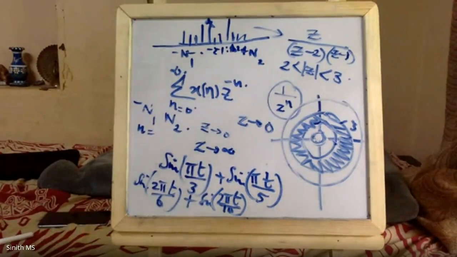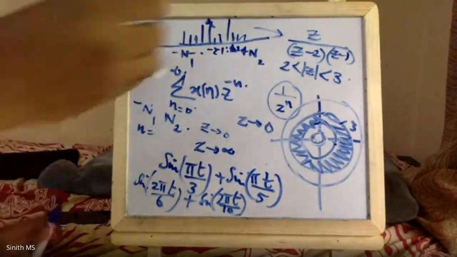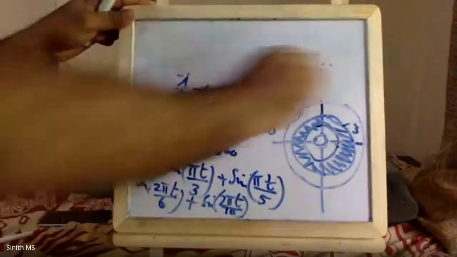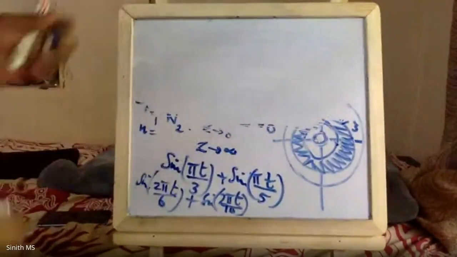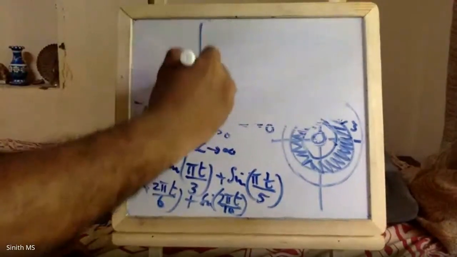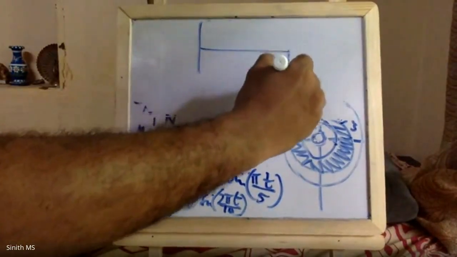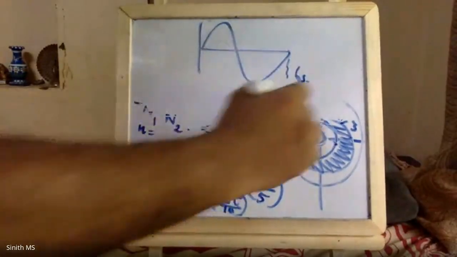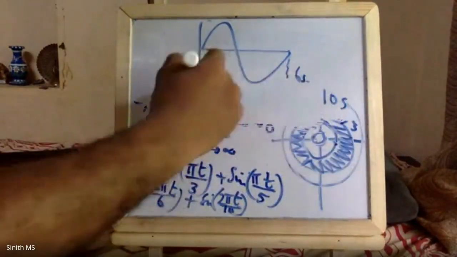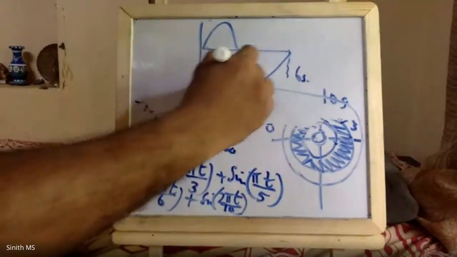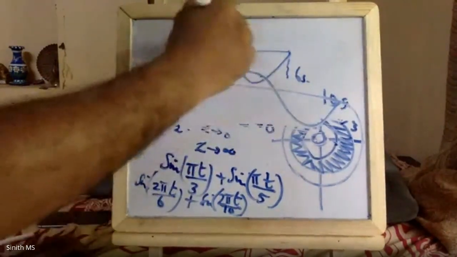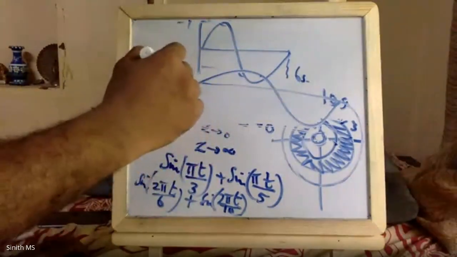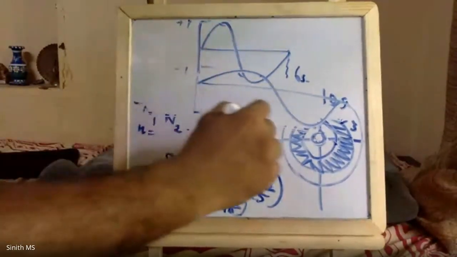If you try to plot these signals, one signal is up to 6 seconds, starts from here and ends here. Another is up to 10 seconds. Magnitudes are the same, from -1 to 1.